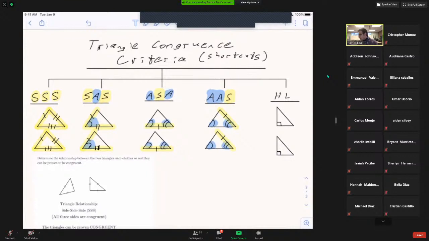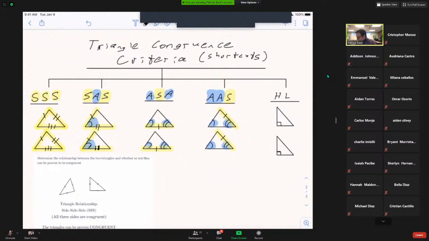What do we call the longest side of a right triangle? Okay, well, it starts with an H. It stands for hypotenuse.